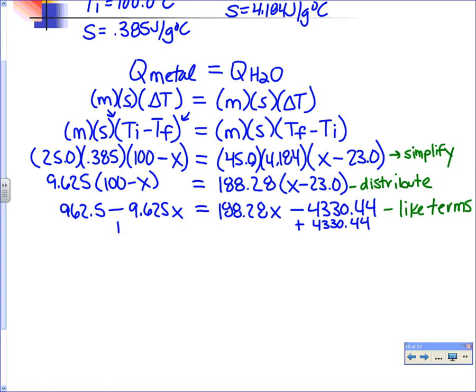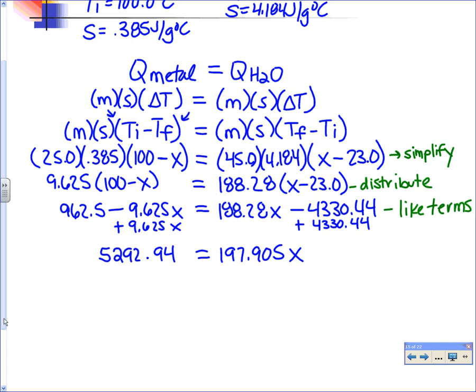And on this side, I'm going to add 9.625X. I'm going to do that to both sides. I like everything to be positive. They can both end up negative. That's fine as well because the negatives will cancel out. So over on this side, we're going to have 5,292.94 equals 197.905X. Now it's getting really easy to work with.